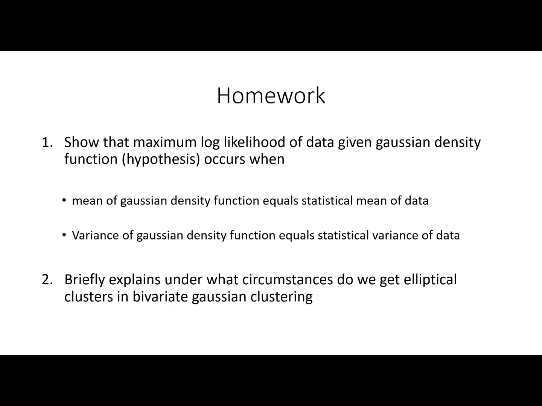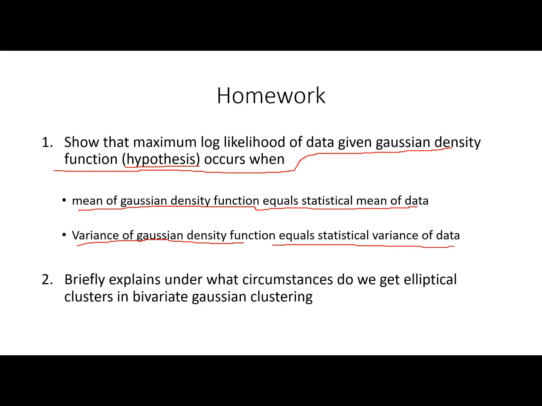Your homework exercise has 2 components. In the first part, you're going to show that the maximum likelihood, log likelihood of data given Gaussian density function, which is treated as hypothesis, occurs when the mean of the Gaussian density function equals the statistical mean of the data, and the variance of the Gaussian density function equals the statistical variance of the data.